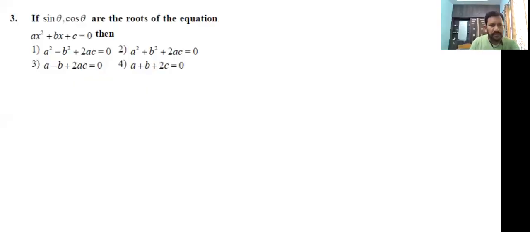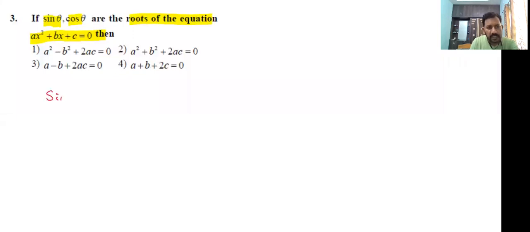Third question. Here, sine theta, cos theta are roots of the equation ax square plus bx plus c is equal to 0. We know that alpha, beta are roots of the quadratic equation ax square plus bx plus c is equal to 0, sum of the roots is minus b by a, product of the roots is c by a. But here, instead of alpha and beta, they have given sine theta, cos theta.